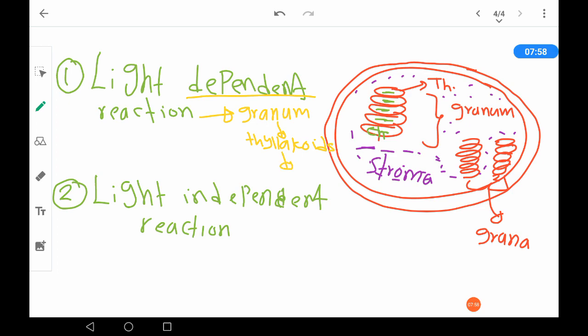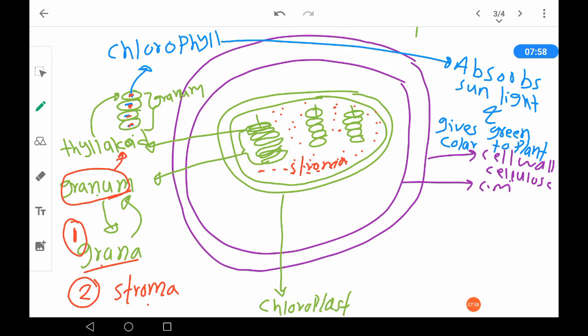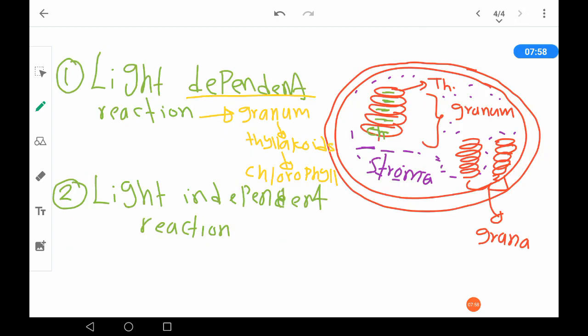Mainly it takes place inside the chlorophyll, the molecule that absorbs the sunlight. As I mentioned, the function of the chlorophyll is absorbing sunlight. So it takes place in chlorophyll, thylakoid, granum. All they are related to one part.